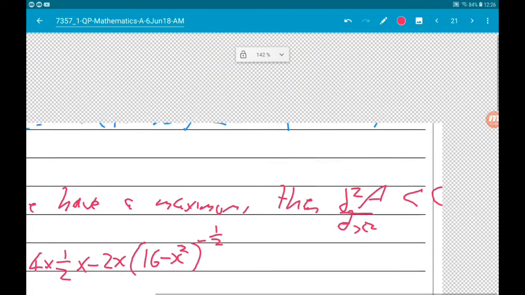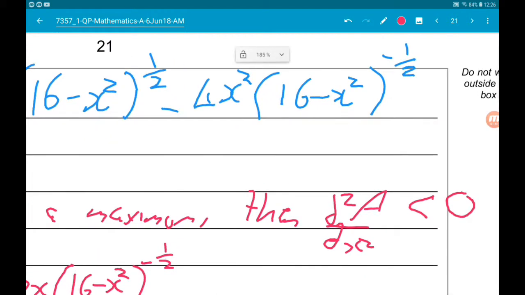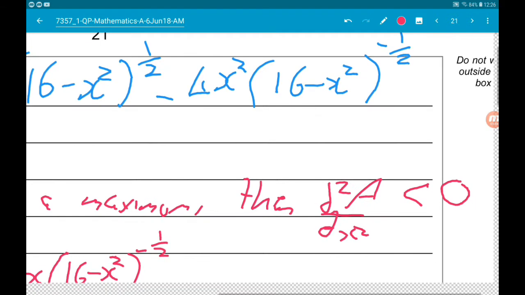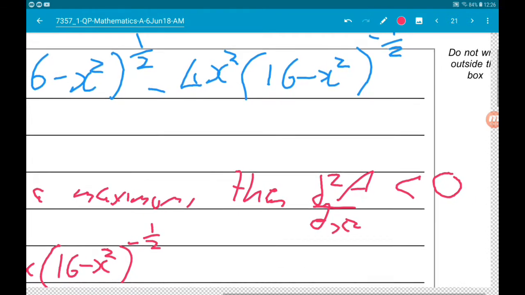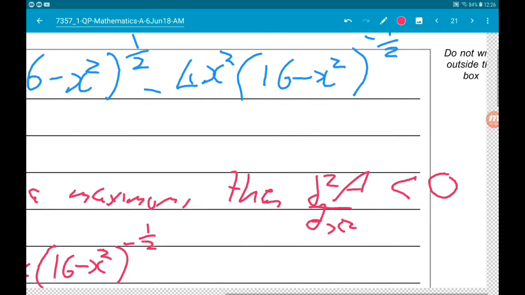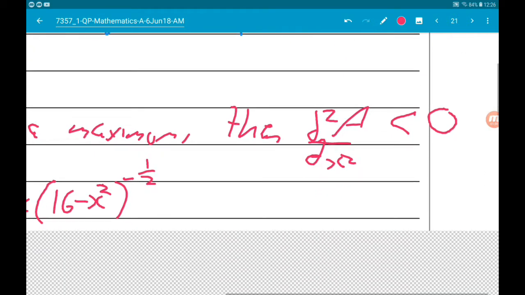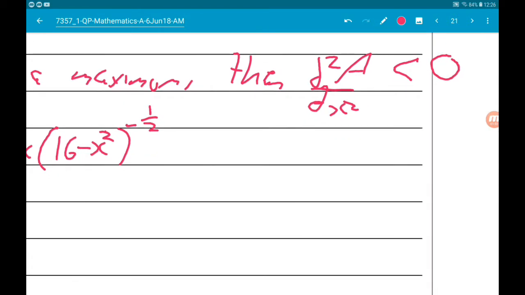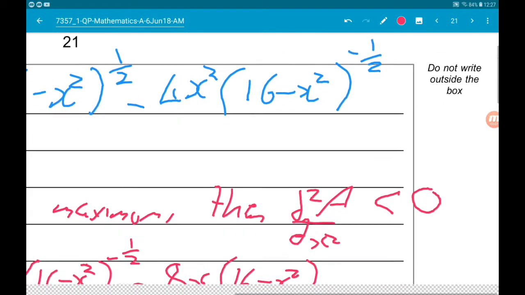Okay, and then for the second bit, we've got the product rule and the chain rule again. So we're going to get minus 8x times 16 minus x squared to the power of minus a half.